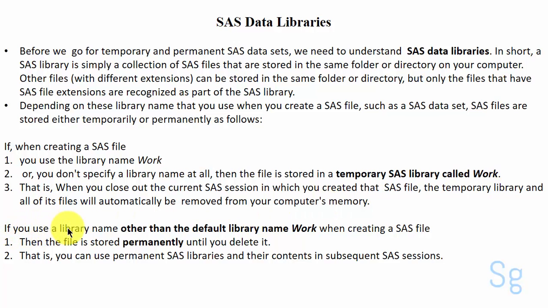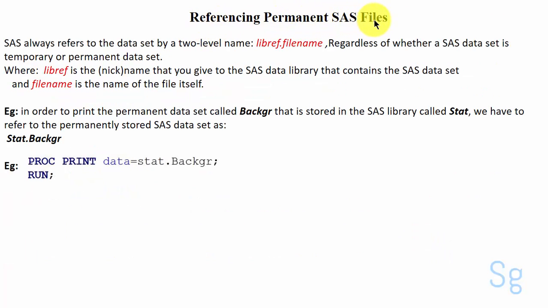If you use a library name other than the default library name work when creating a SAS file, then the file is stored permanently until you delete it. That is, you can use permanent SAS libraries and their contents in subsequent SAS sessions. Referencing permanent SAS files.